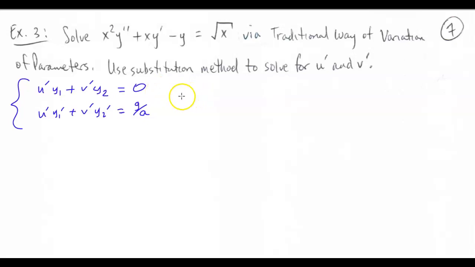this particular system of equations for u prime and v prime, so that from here we know that our u is just going to be the antiderivative of u prime. V is the same thing, the antiderivative of v prime, and the end result is that our particular solution is going to look like this.